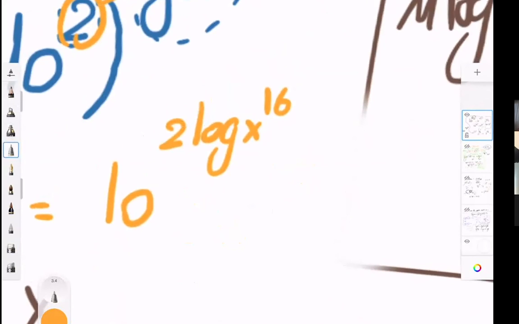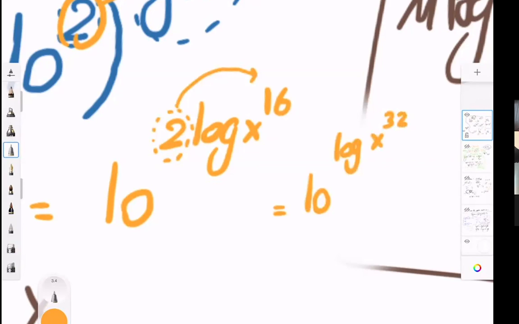Very good. The formula that we're going to use, there is no number here. So this, what did you say, Venus? To the 16, multiply it by the 16. It's going to go there, right? So we're going to have 10 log x to the power 32. Good. X to the power 16 to the power of 2 gives x to the 32.